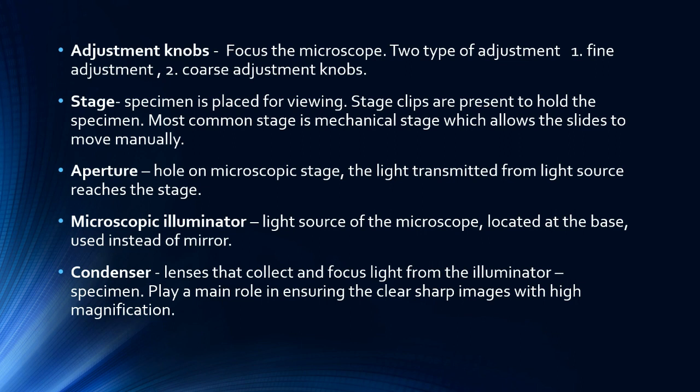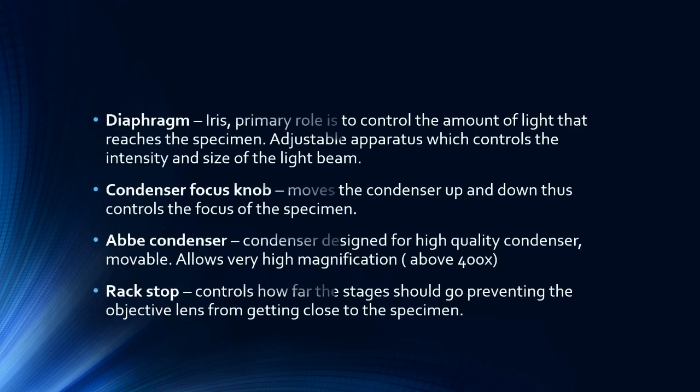The stage is the place where the specimen is placed and it has two clips which prevent the slide from moving. The aperture is just the microscopic stage hole which transmits the light source. The microscopic illuminator is nothing but the light source of the microscope. The condenser is the lens that collects and focuses the light on the specimen.